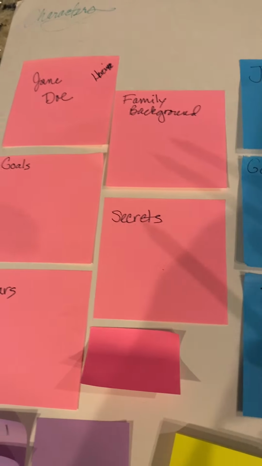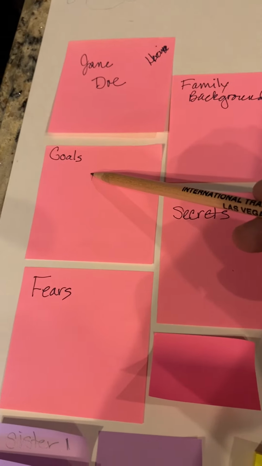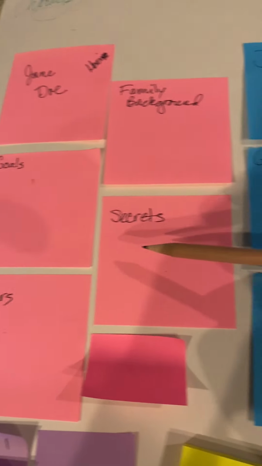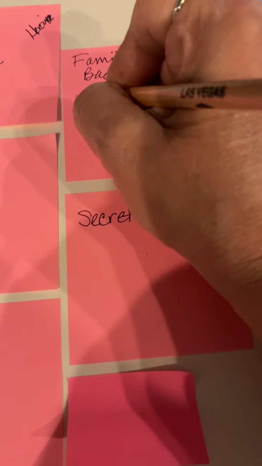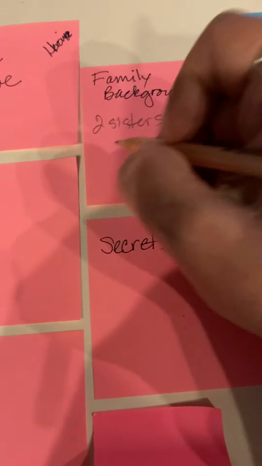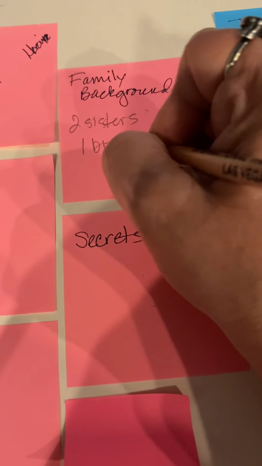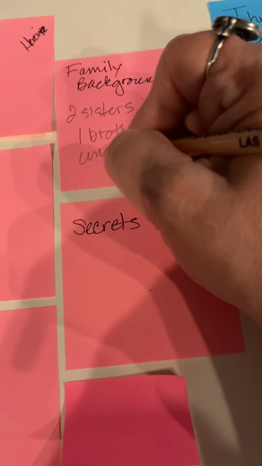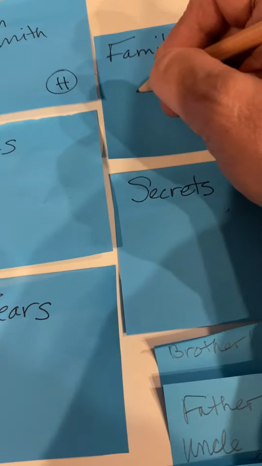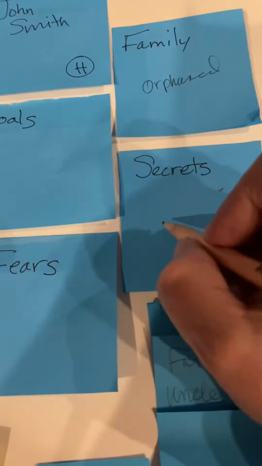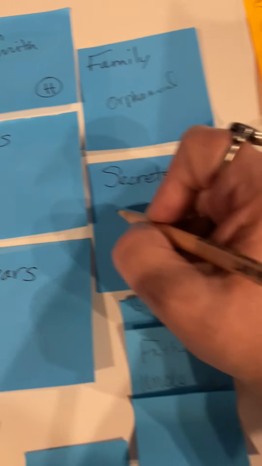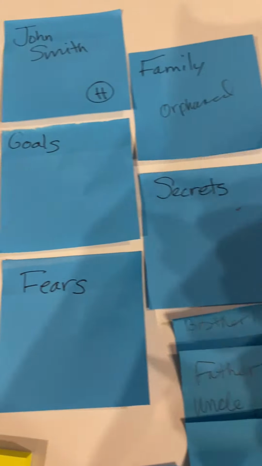Now, we've talked about character development before. I do here put her goals, her fears, secrets, family background, like 2 sisters, 1 brother, uncle, that type of thing, okay? Maybe John Smith's orphaned. Okay, what's his secret? I don't know. He's got a secret.